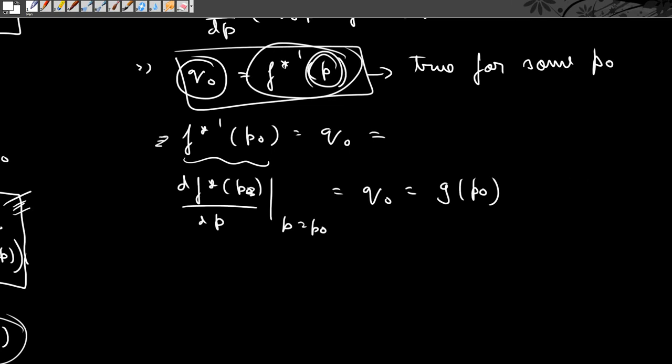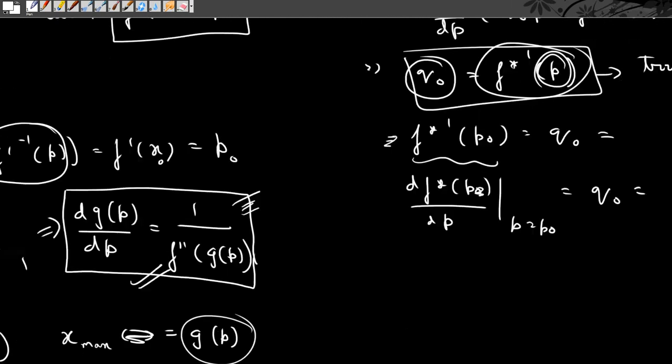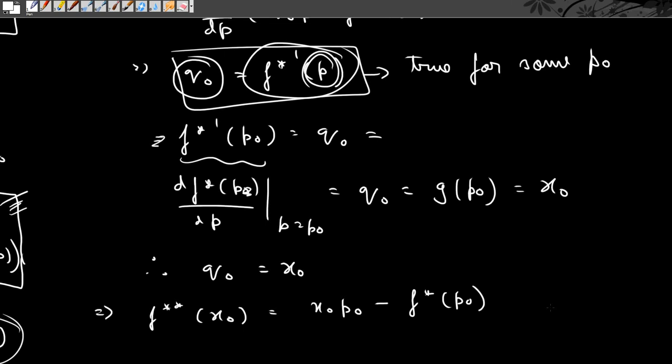But our g of p naught is nothing but x naught. Therefore, our q naught is equal to x naught, which means f double star of x naught is equal to x naught p naught minus f star of p naught.